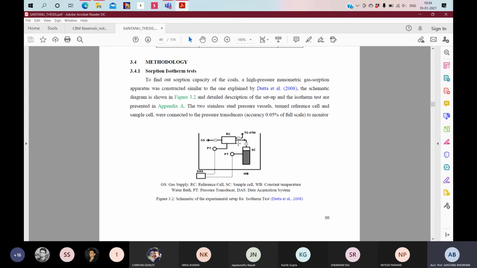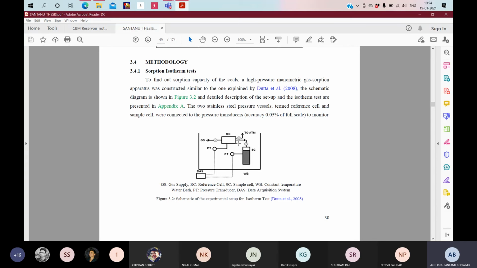After some time, maybe 6 hours, maybe 12 hours, it will show a flat line. In the testing, we check whether there is no variation of pressure in the sample cell within 2 or 3 hours, depending on the size of the sample.